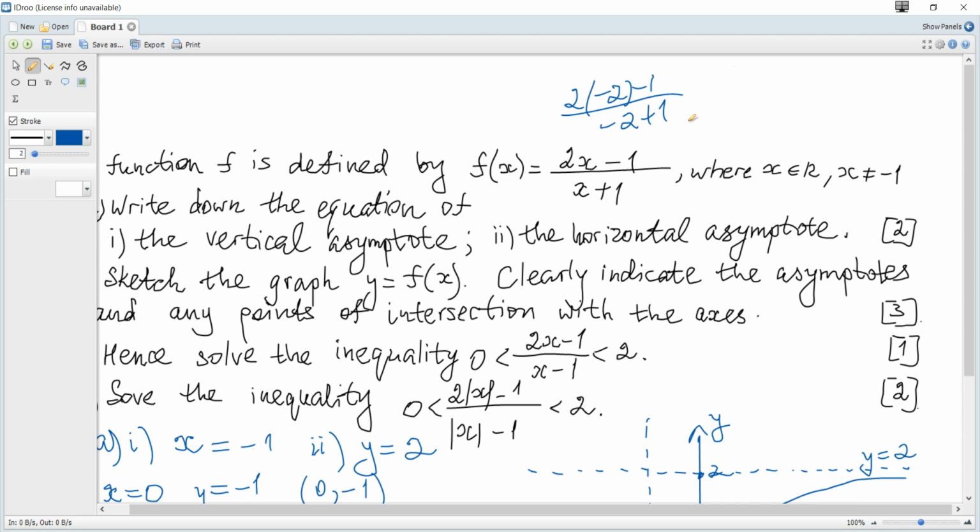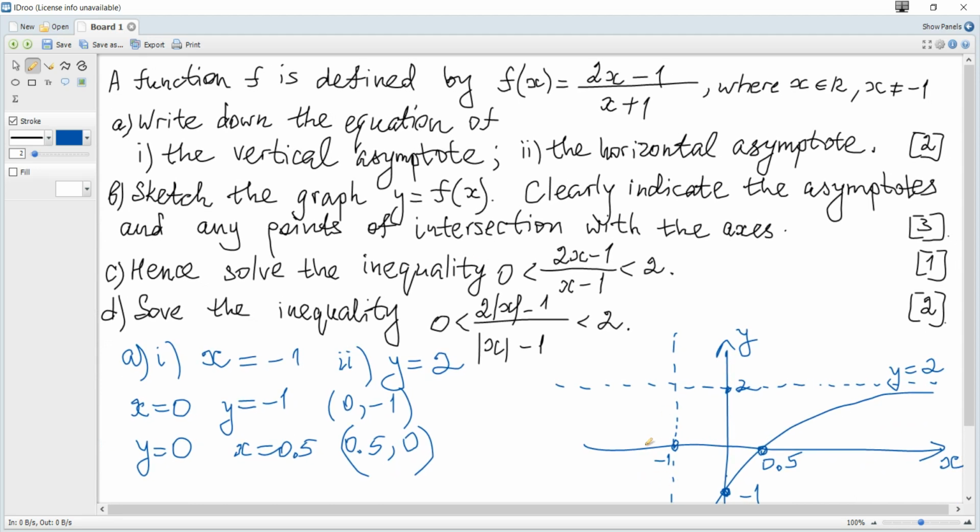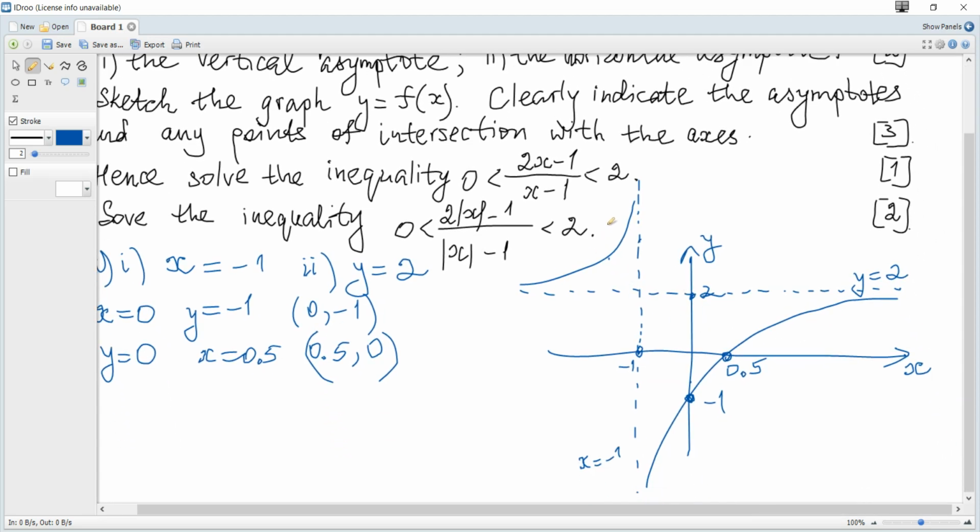So point is -2, 5. It's somewhere here, and we understand that another part of the graph is here, and also it tends to plus infinity when x tends to -1, and when x tends to negative infinity, y tends to y is 2, and it looks like this.